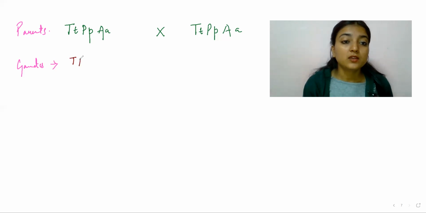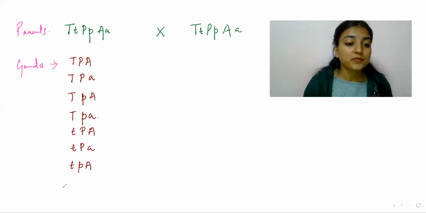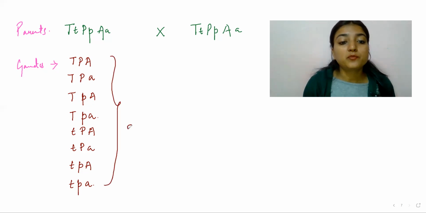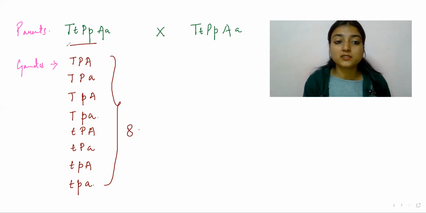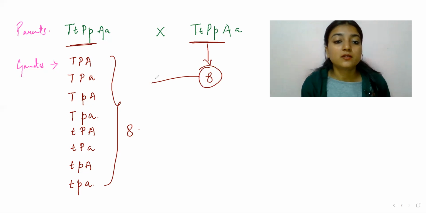There will be capital A, capital T, capital P, small a, capital T, small p, capital A, capital T, small p and small a. Now small t, capital P, capital A, small t, capital P and small a, small t, small p and capital A, and at last it will be all the recessive forms. So now these are the 8 gametes which will be produced by these parents. And with this also, we will get all the same 8 gametes.